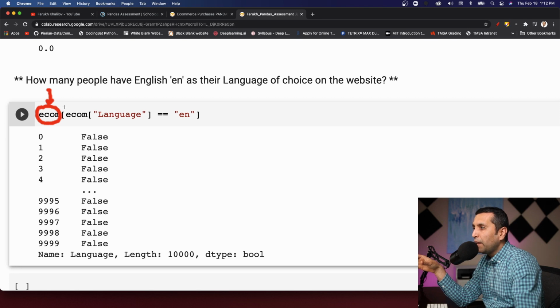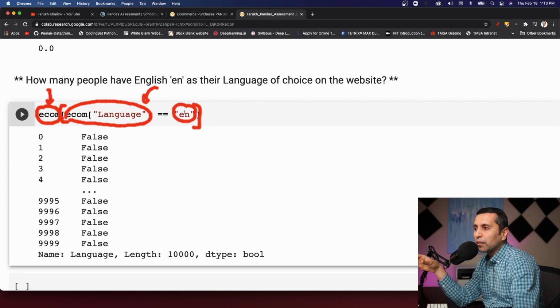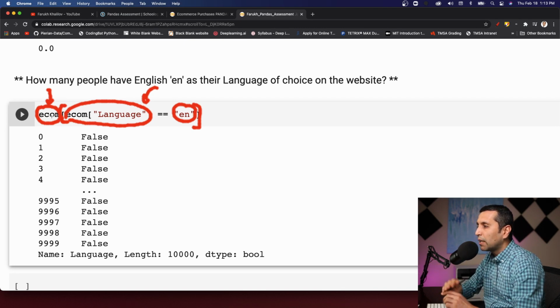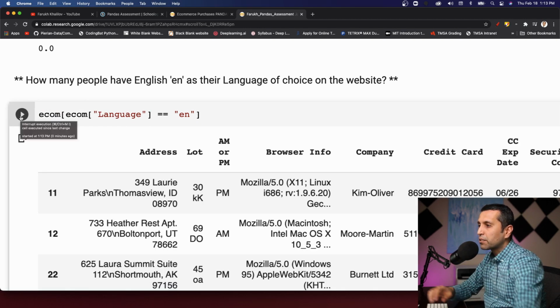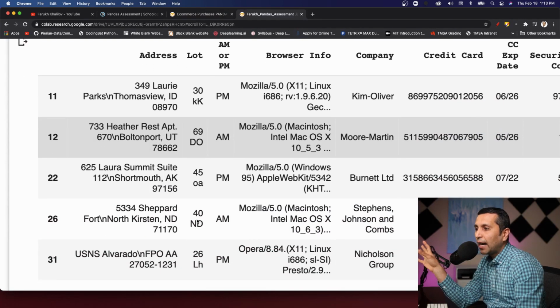But with the brackets and some conditions inside, we are telling it that from the ecom language column, whatever is equal to English only. That is my condition. So it will apply this condition, sort it, and bring it to us. Let me just run it. And ba-bam! Perfect. So right now I have my entire data frame.